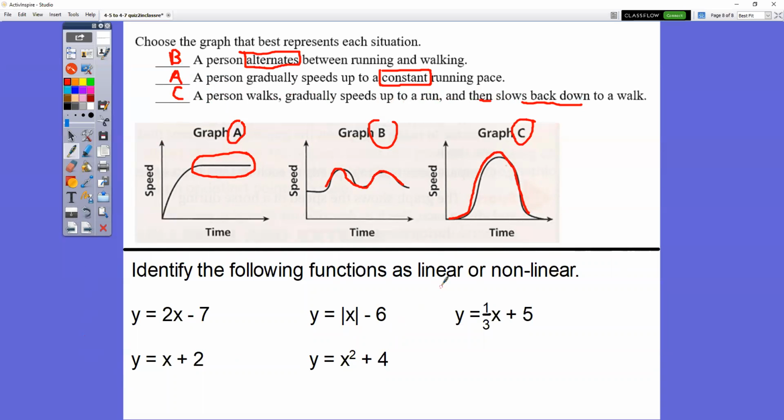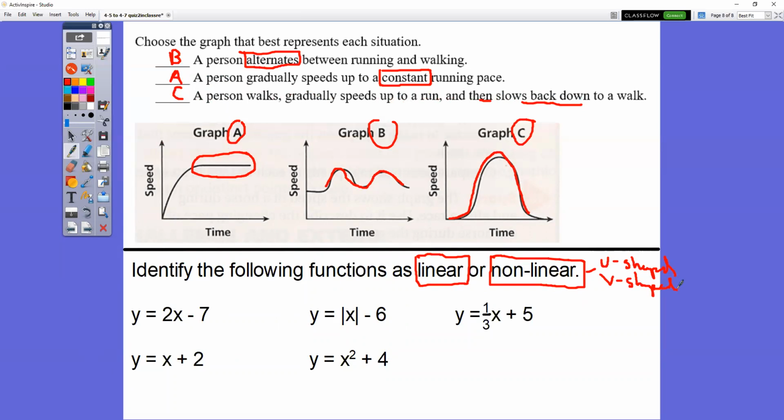The last part is I want to know which ones are linear, which means that they graph to be a straight line, and which ones are non-linear. Non-linear are going to be your U-shaped graphs and your V-shaped graphs.